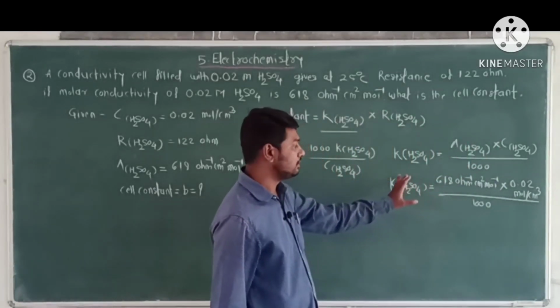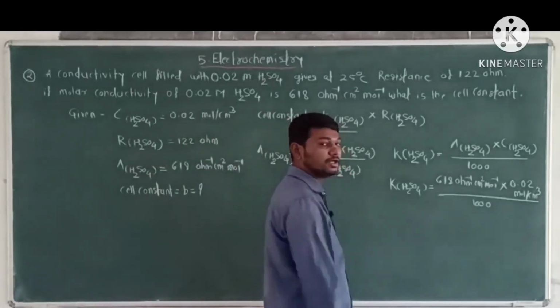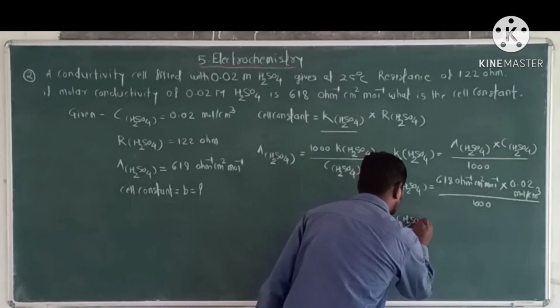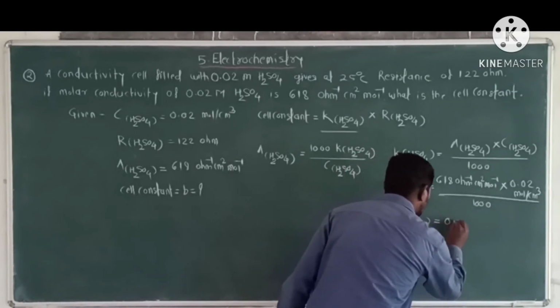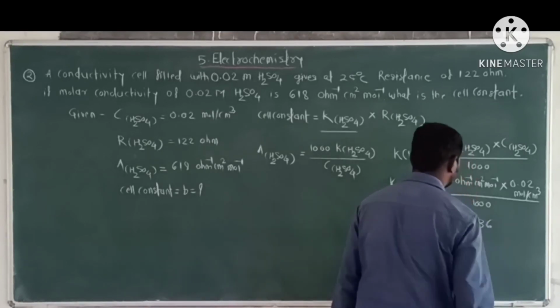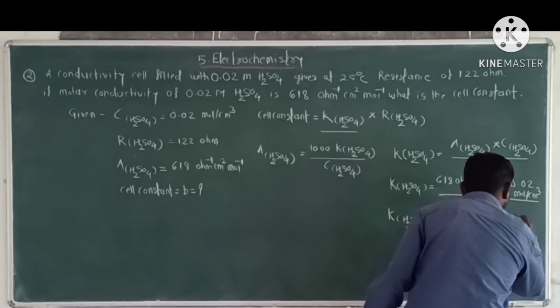Solve this equation. After solving this equation, we get the final answer, that is the conductivity of sulfuric acid is 0.01236 per ohm per centimeter.